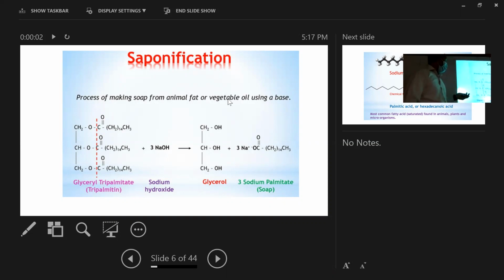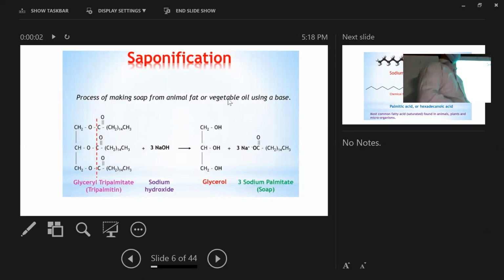As I have already shown, this is our first reaction. Here this is a very long compound. This component gives glycerol, which is a side product.